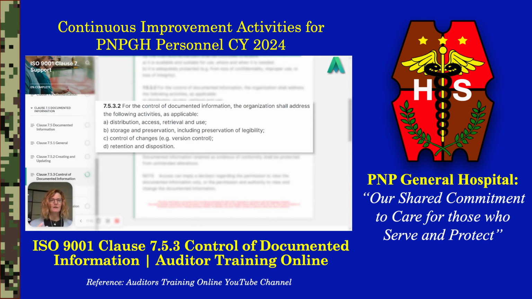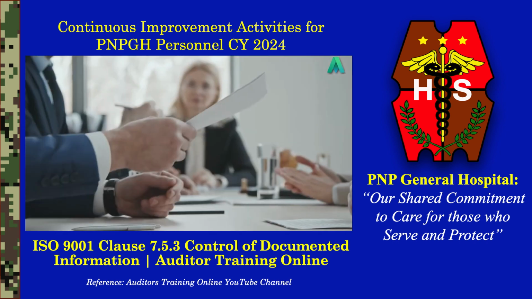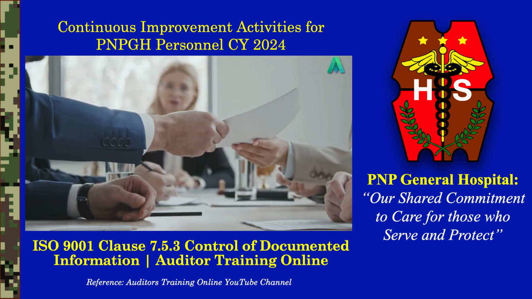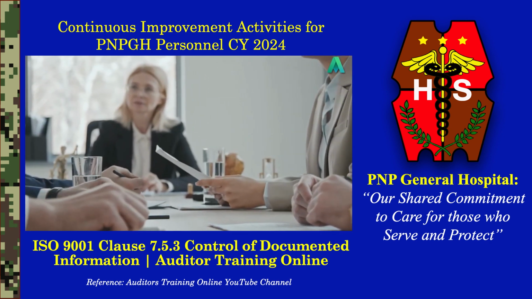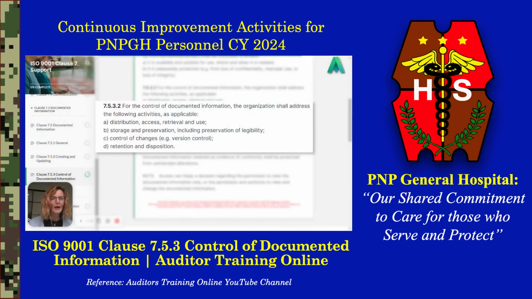I always recommend in those instances, if you are reviewing documentation and there isn't a change, still update the reviewed date. You're demonstrating that you have reviewed it and there were no changes, all right?